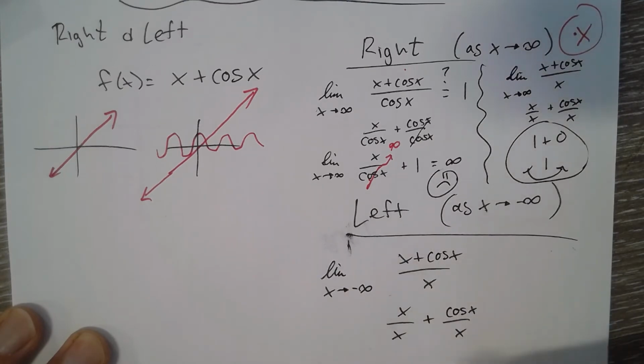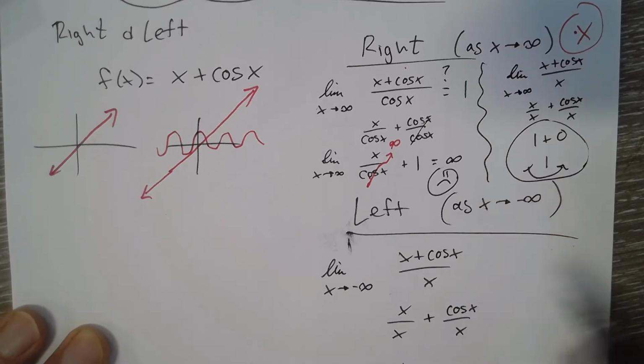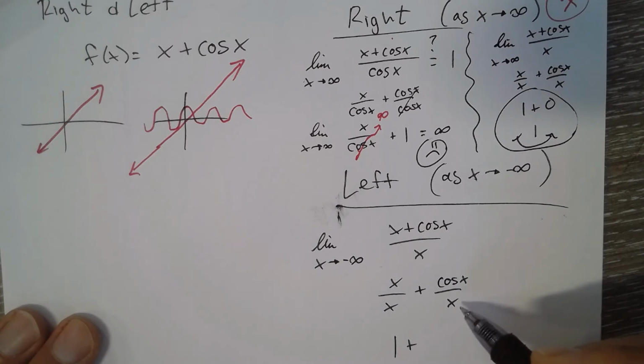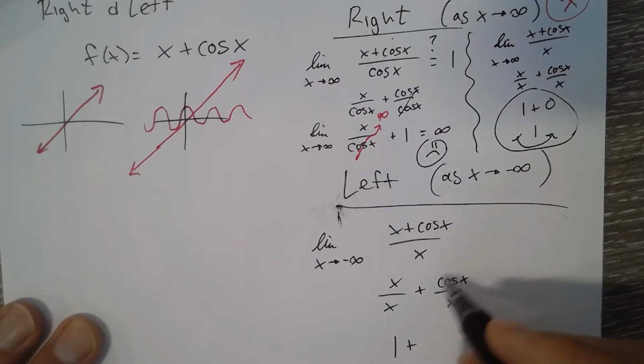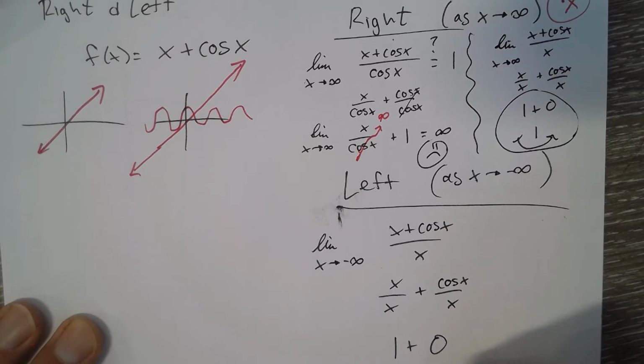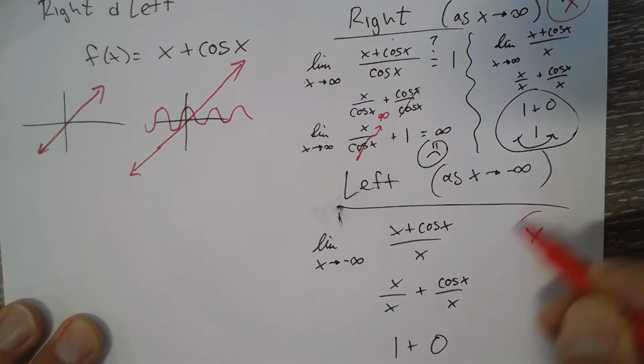This is 1 plus, as x goes to negative infinity, cosine x is between -1 and 1, which is small, over a really big negative number. A small number, whether it's positive or negative, over a really big negative number is always going to be 0. So we get 1, which is what we wanted to get. So our left end behavior model is also x.